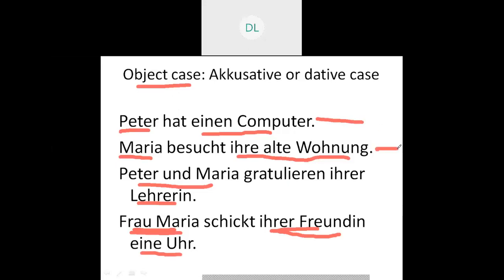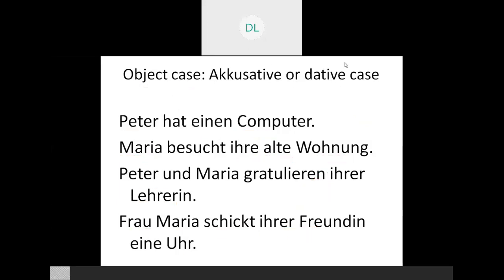But the third one is dative, because gratulieren is a dative verb. Haben and besuchen are accusative verbs. The last one, schicken, is a common verb, a double object verb, a two object verb. So one will be accusative, one will be dative. We'll be discussing that in the coming slides. So let's move ahead to the next slide.